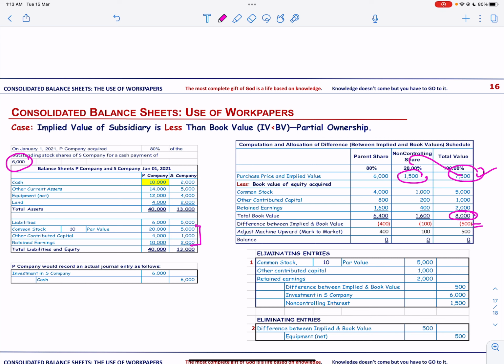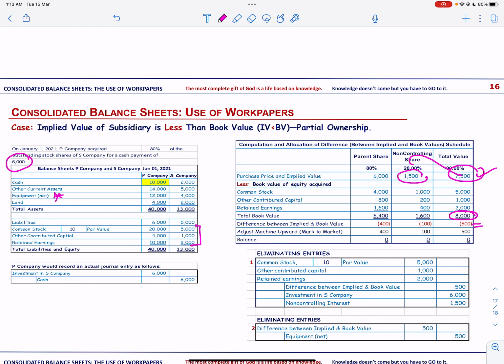We assume that the difference between implied and book value is attributable to equipment. In this case, an overvaluation of 500. As usual, the computation and allocation schedule yields two eliminating or adjusting entries.